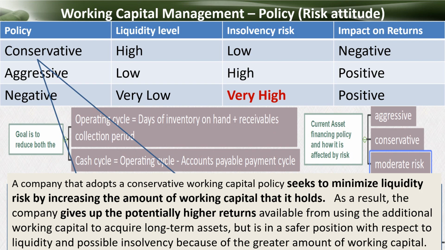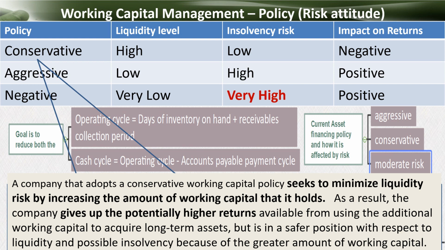Let's briefly analyze what happens if our policy has a different risk attitude, what the liquidity level will be, how about the insolvency risk, and what the impact is on returns. For example, if the policy is conservative, a company that adopts a conservative working capital policy seeks to minimize liquidity risk by increasing the amount of working capital that it holds.